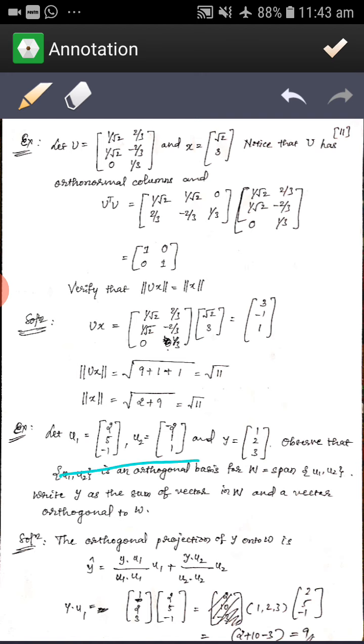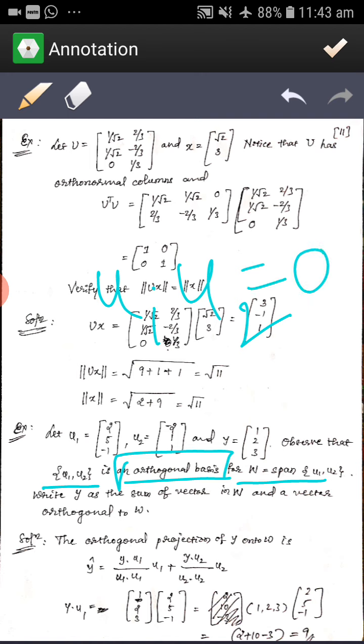Here we have u1 and u2 and y, three vectors. Observe that u1, u2 is an orthogonal basis for W, the span of u1, u2. So there is a subspace called W which has the vectors u1, u2 that are orthogonal. Orthogonal in the sense that the dot product of u1 and u2 is equal to 0.